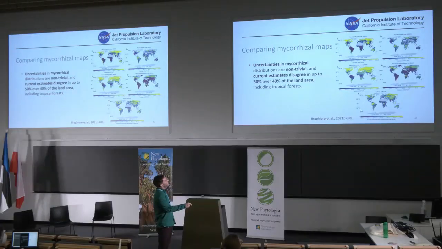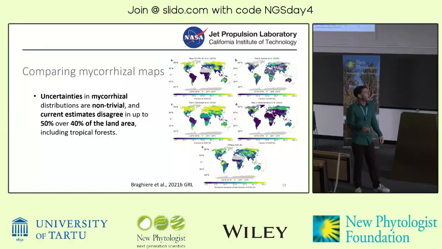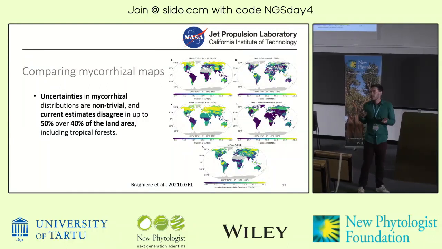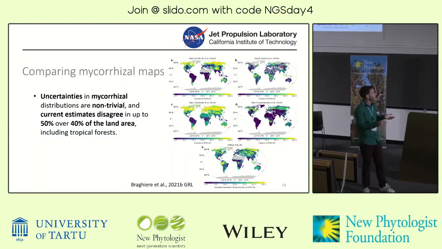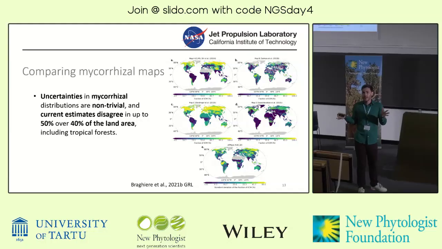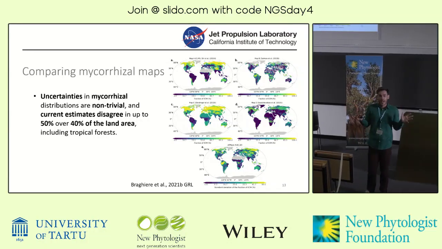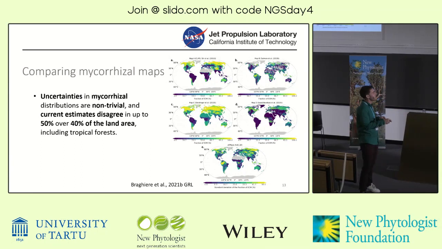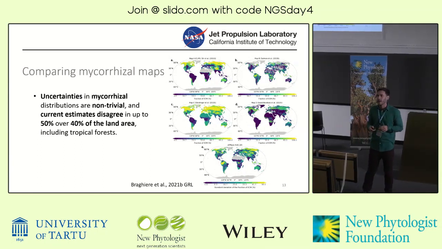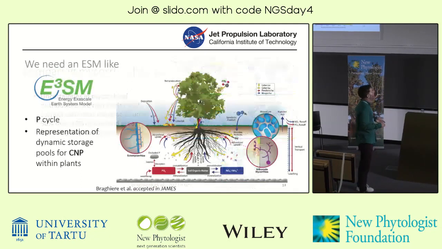And so we can see that for 40% of the land area, these maps disagree up to 50%. So if you do mycorrhizal collection or experiments, please focus on the yellow areas of this map, where these maps disagree quite substantially.